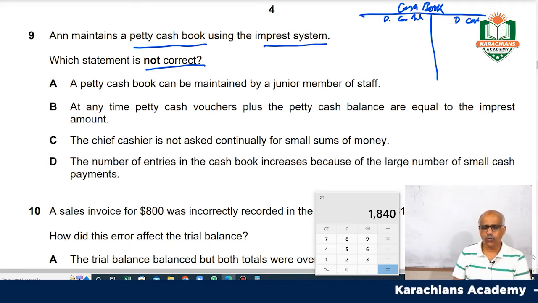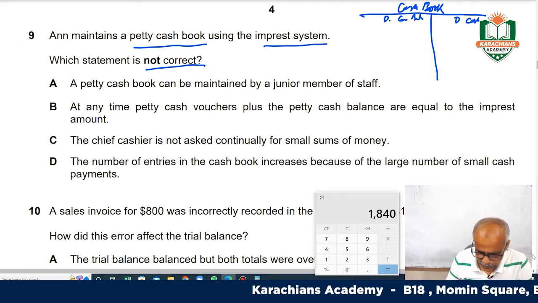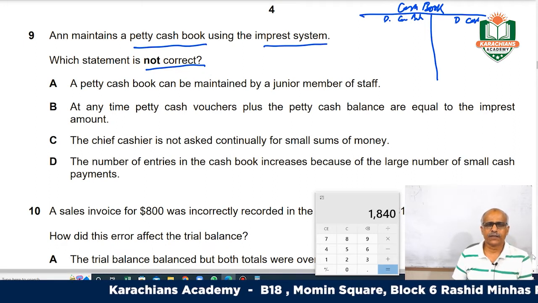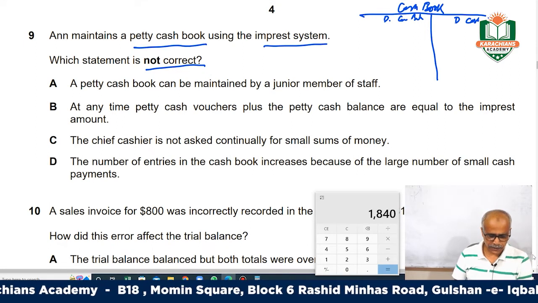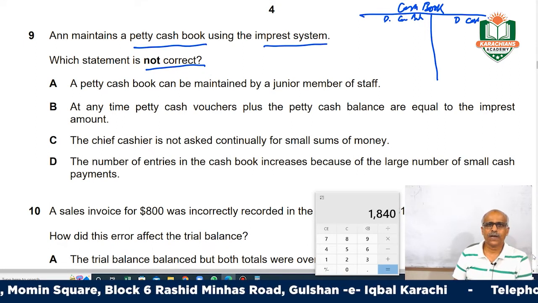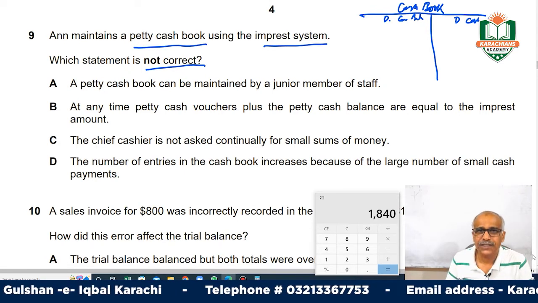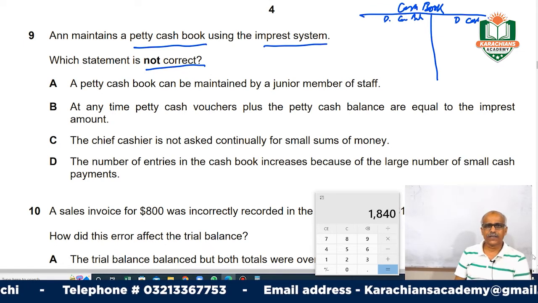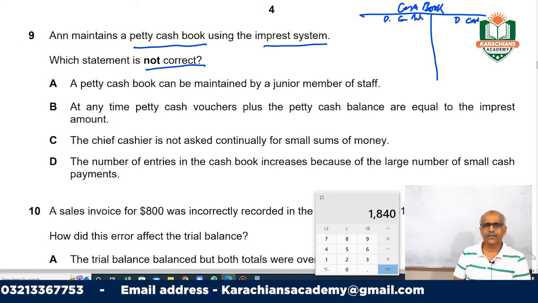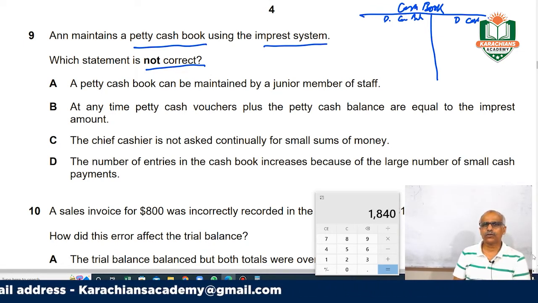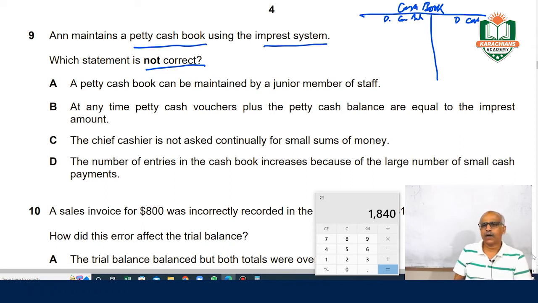Because if we record all the small day-to-day office expenses, like buying milk, buying tea, payment of transportation charges, courier charges, or buying stationery, in the cash book, your cash book volume will become a bigger one.